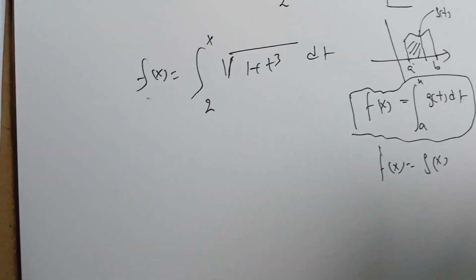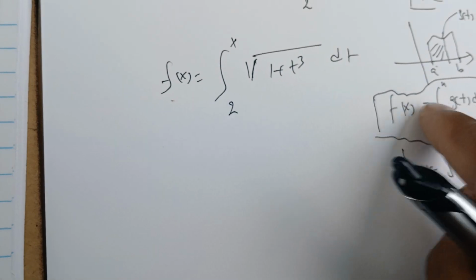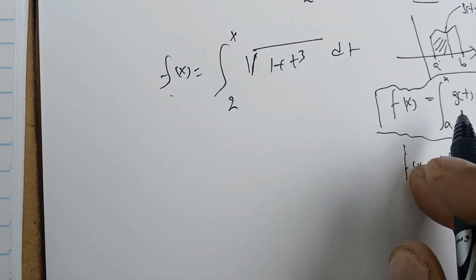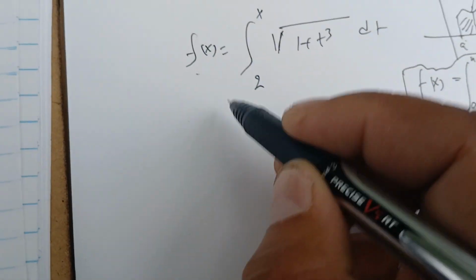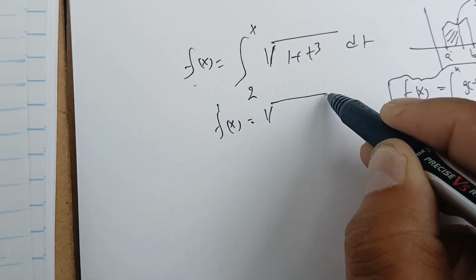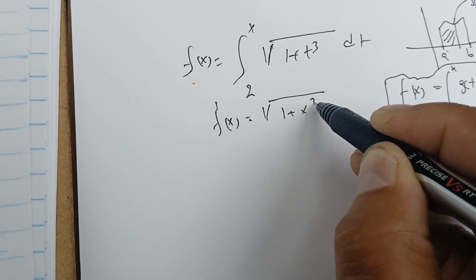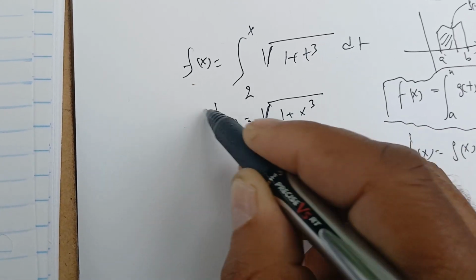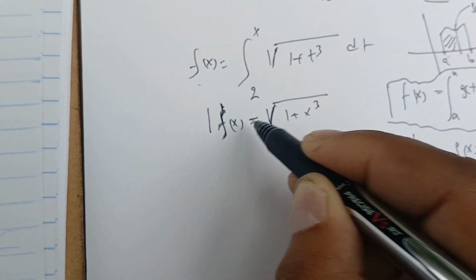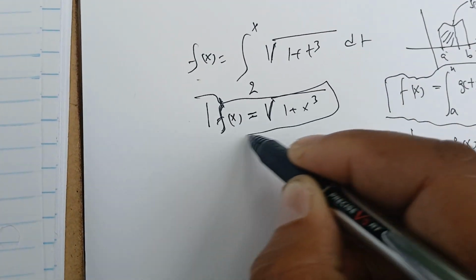So this is f of x. And what's the derivative according to the fundamental theorem of calculus? F prime of x is just the square root of 1 plus x cubed. So this is the function.